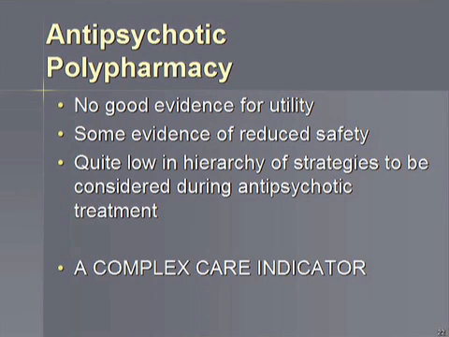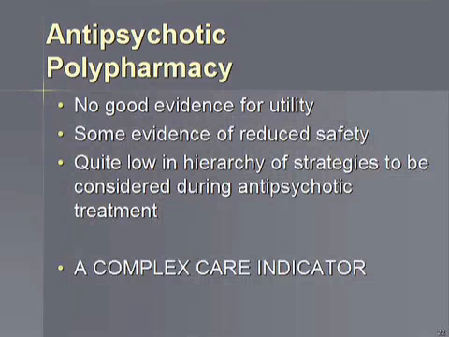What's surprising about studies of antipsychotic polypharmacy, by the way, is that the prediction would be it's really bad, you're going to have terrible side effects. In actuality, studies of antipsychotic polypharmacy don't find such terrible side effects. They do find an increase in adverse effects, but it's not a glaring difference between polypharmacy and monotherapy. But there clearly is evidence of reduced safety, particularly from a metabolic perspective.